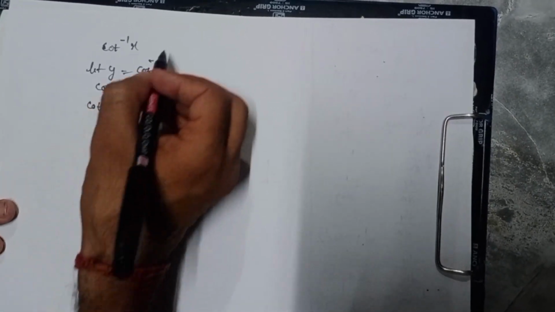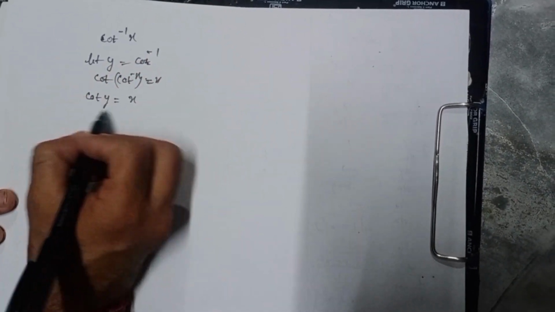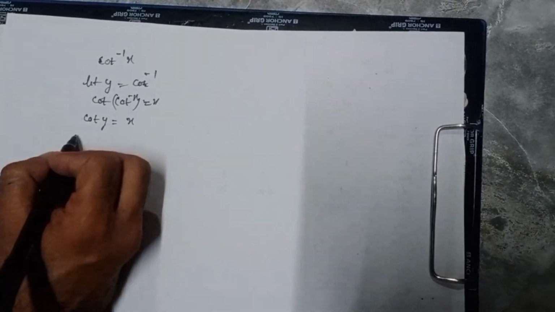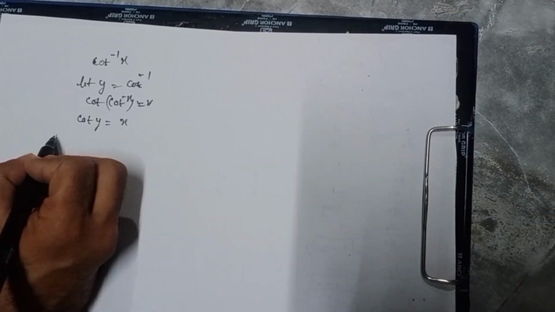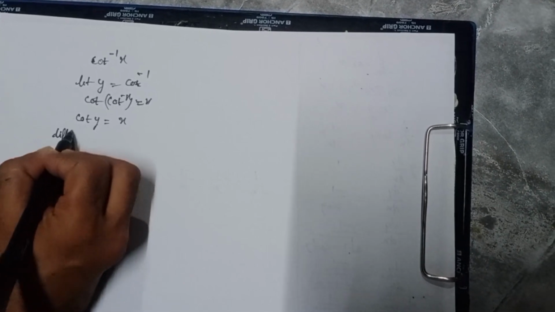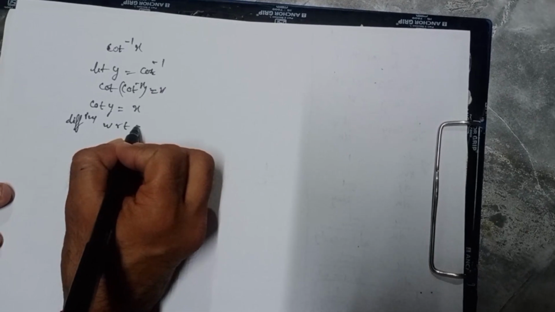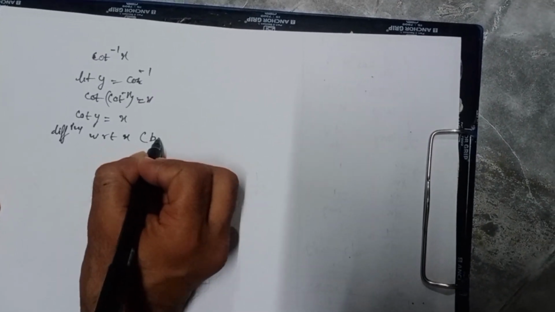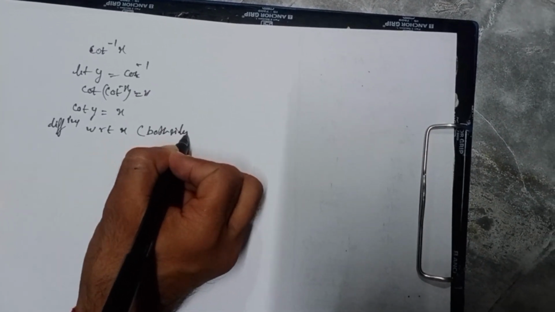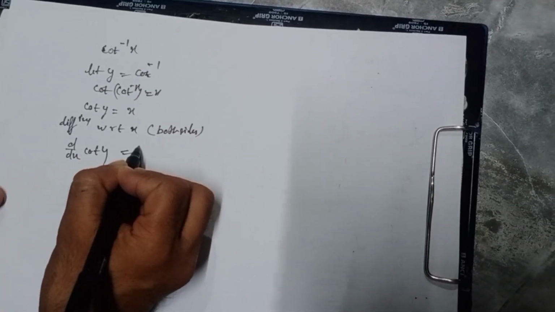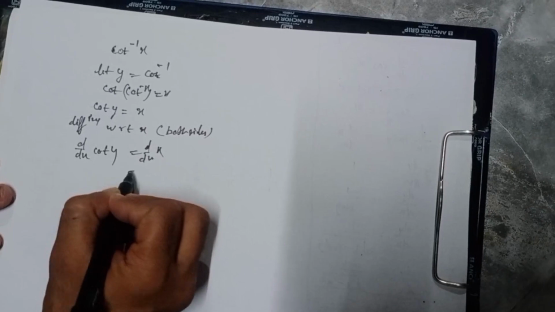In all videos I have taken the same kind of methodology to tell you about the differentiation. Then differentiating with respect to x, with respect to x means we are differentiating both sides. So d by dx of cot y is equal to d by dx of x.